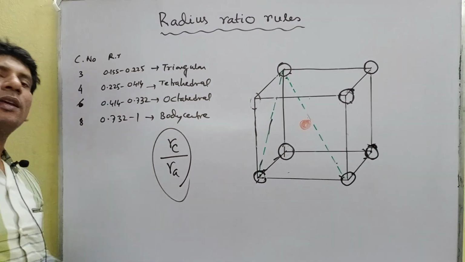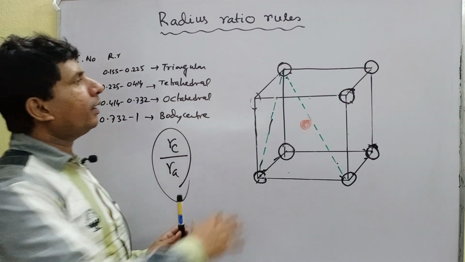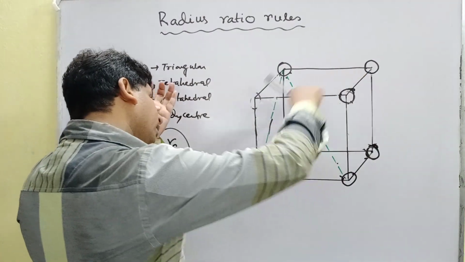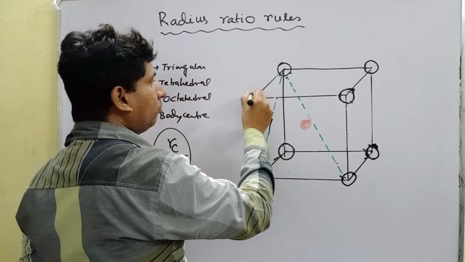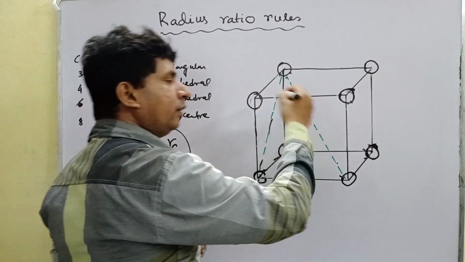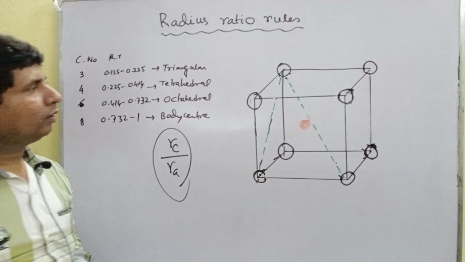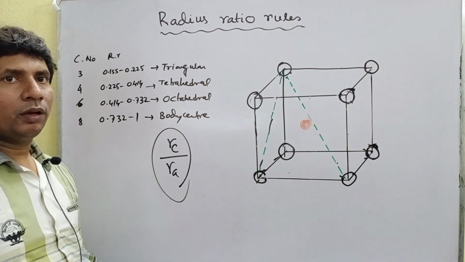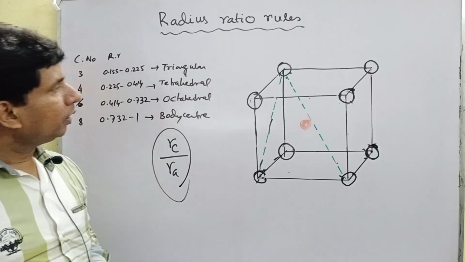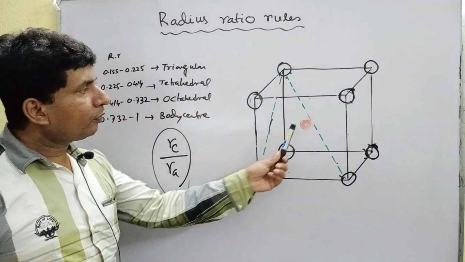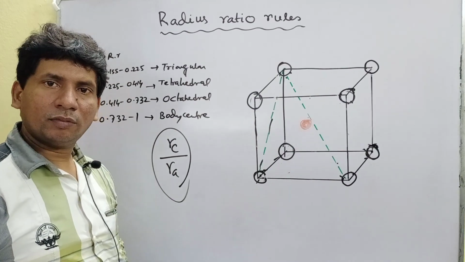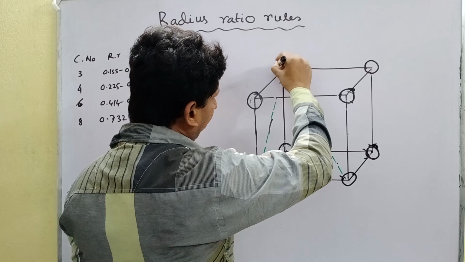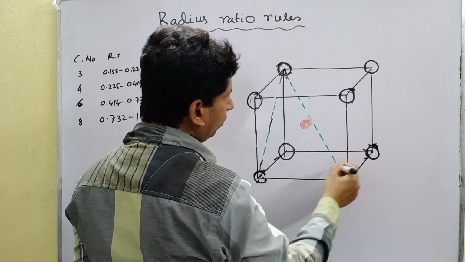Let us take a body centered cube. In the 8 corners there are atoms, and in the body there is an atom. For the body centered cube, if this is cation, then this is anion, this is cation.